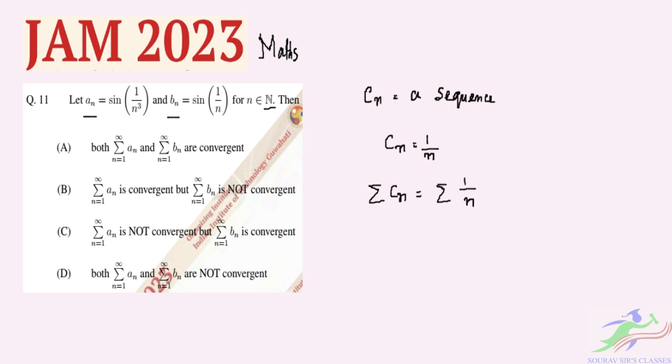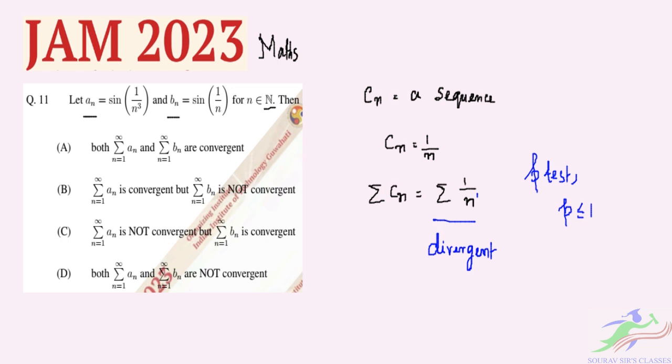Now is it divergent or convergent? According to the p-test, if the value of p is less than or equal to 1, then the series will be a divergent one. So here the value of p is 1, so this series c_n is divergent.